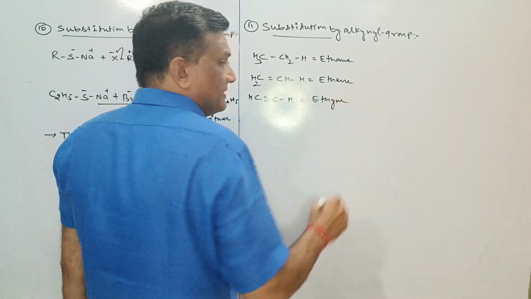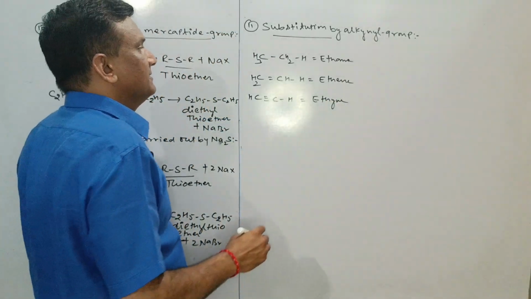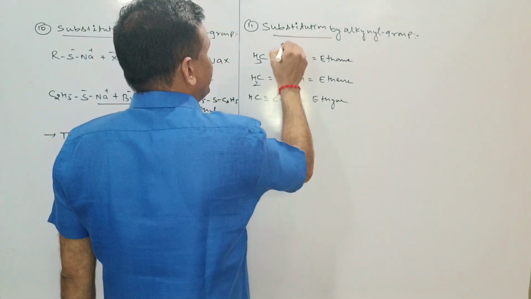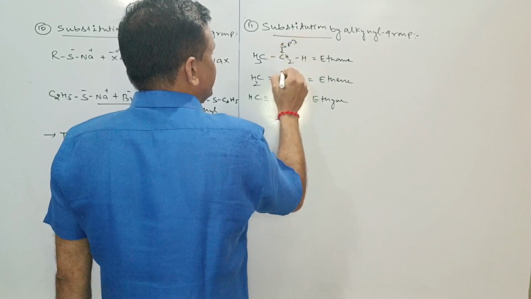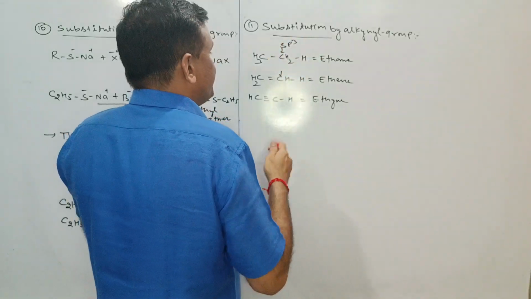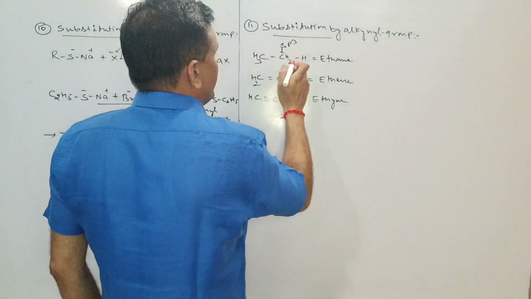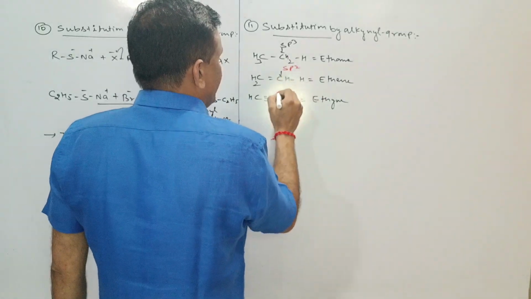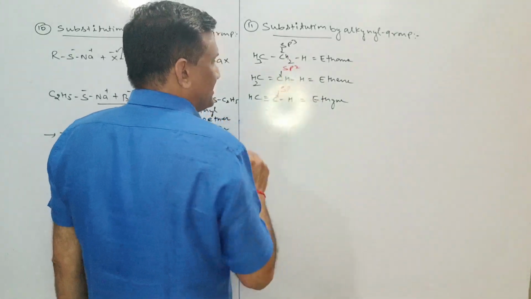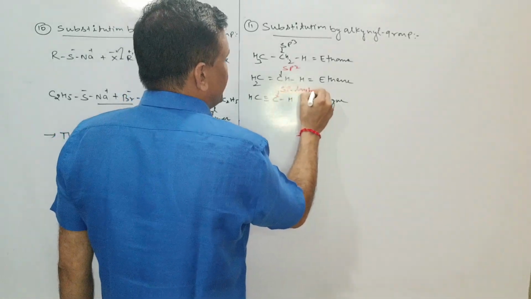If you go with ethane, here is sp3 hybridization. Here is sp2 hybridization over the carbon of alkene, and for alkyne it will be sp hybridization.